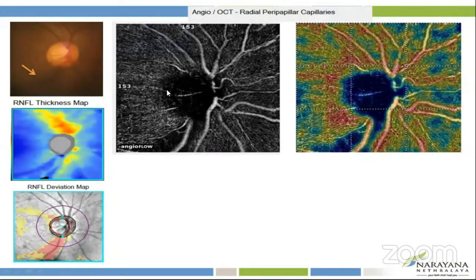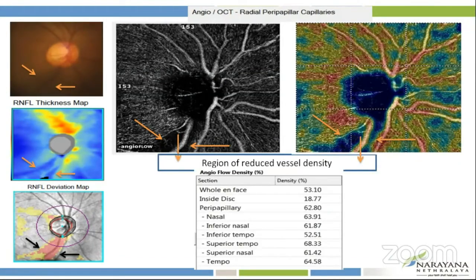We can see the inferior RNFL defect on the optic disc image, the thinning on the OCT RNFL, and a reduction in the vessel density on the OCTA images, with an inferior temporal reduction on the index.